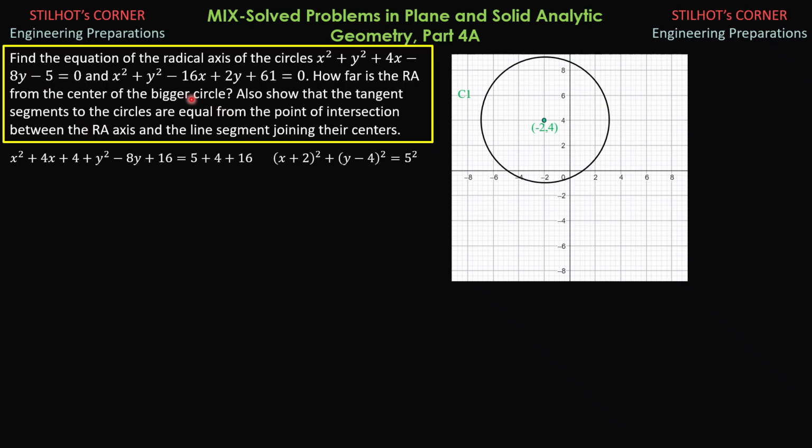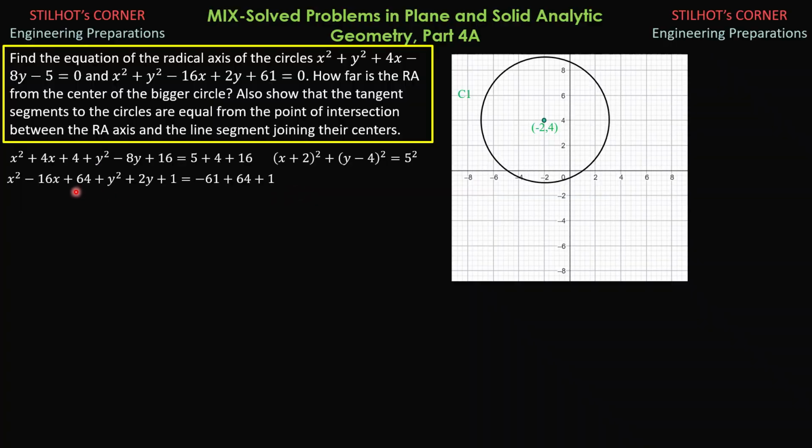For circle 2, complete the square in x squared minus 16x plus 64, then (y squared plus 2y plus 1) equals negative 61, then plus 64 plus 1. So the right side is 4, and 4 is 2 squared.